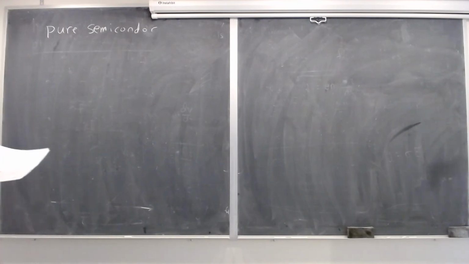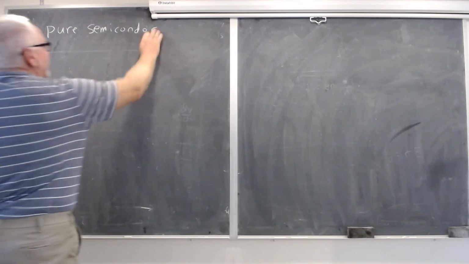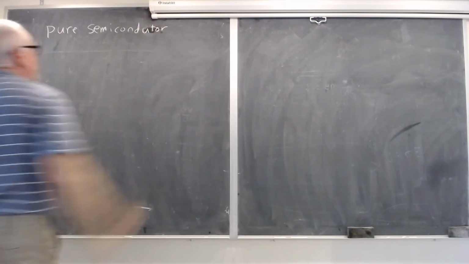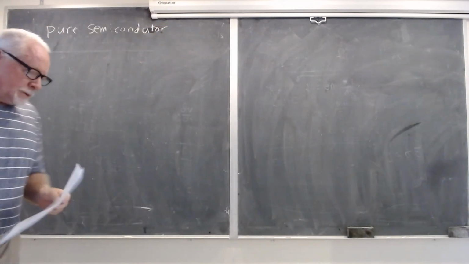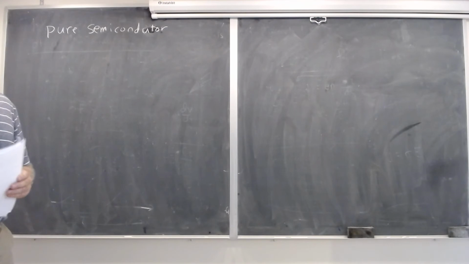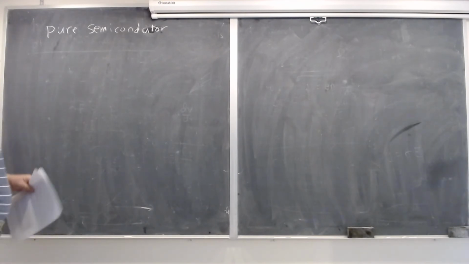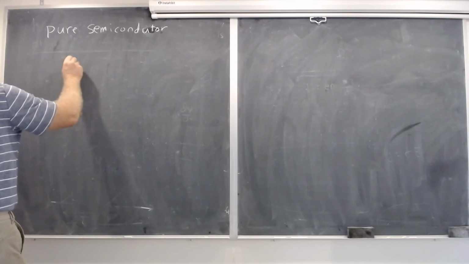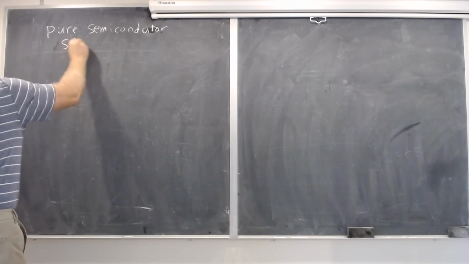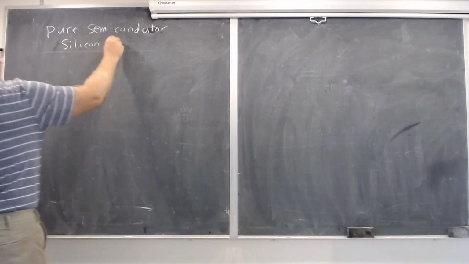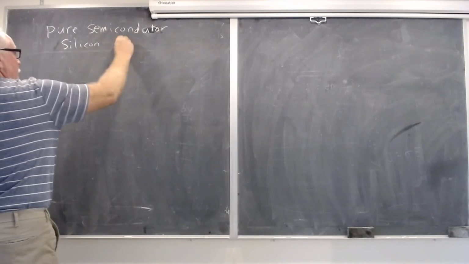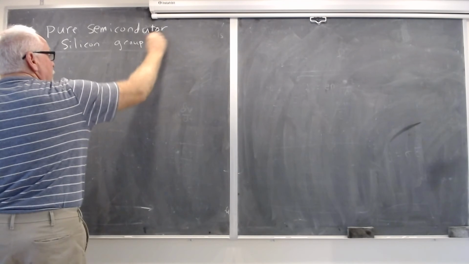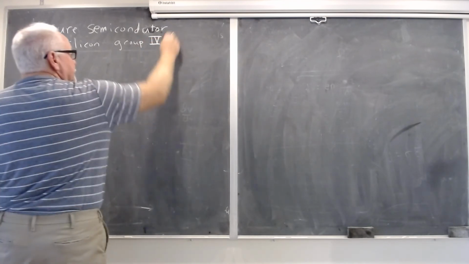So as we went through yesterday during the chat session, an example of a pure semiconductor is silicon. So silicon is group 4. So that's 4 valence electrons.